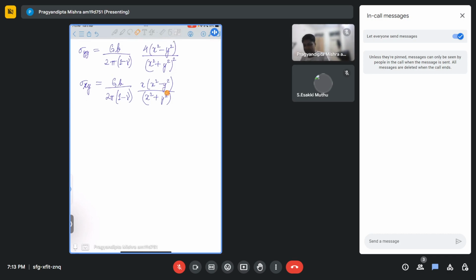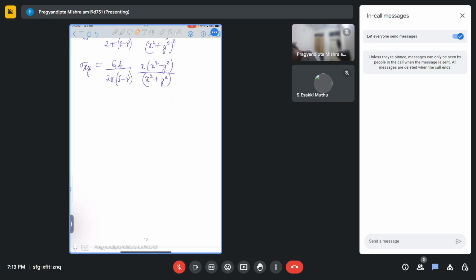And finally sigma zz, which will be equal to nu times (sigma xx plus sigma yy), using our general relations between the normal stresses.